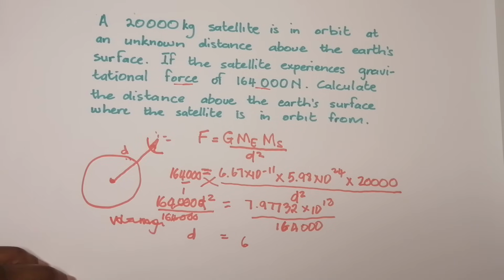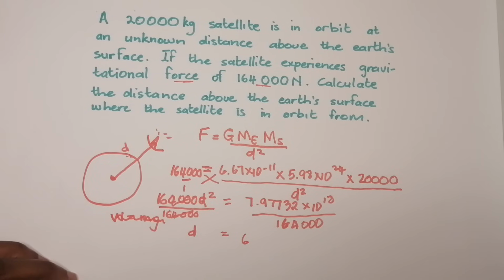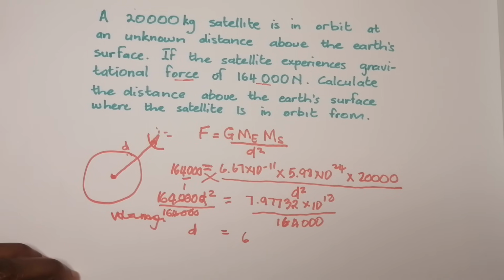I get an answer of 697,000. Let's convert that into scientific format. Let's say mode, there's scientific at 7, and let's make it 3 decimal places.